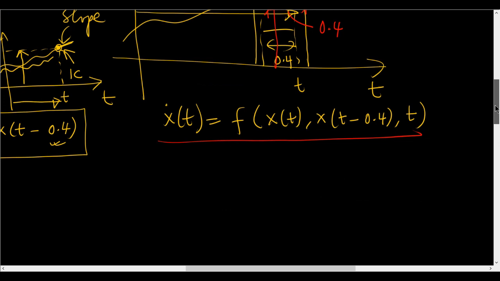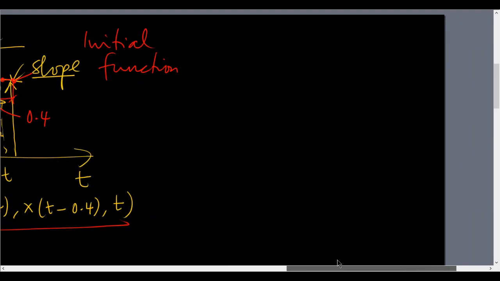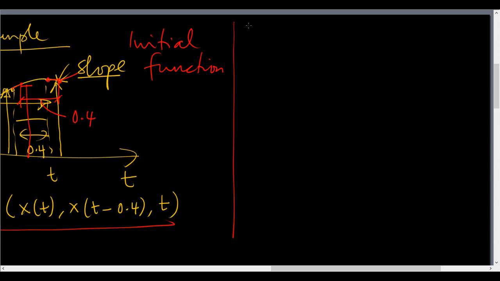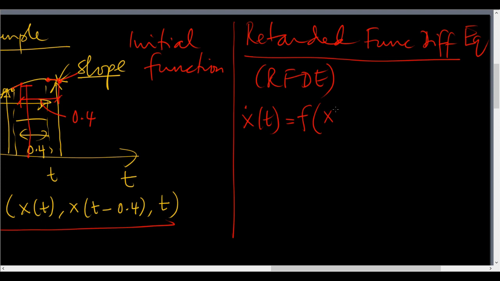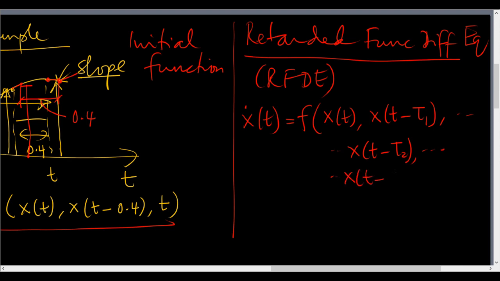Of course, you can have more than one delay. So a general situation for something called a retarded functional differential equation, RFDE, is x dot at t is equal to some function of x at t minus tau 1, x at t minus tau 2, x at t minus tau n, and t explicitly.